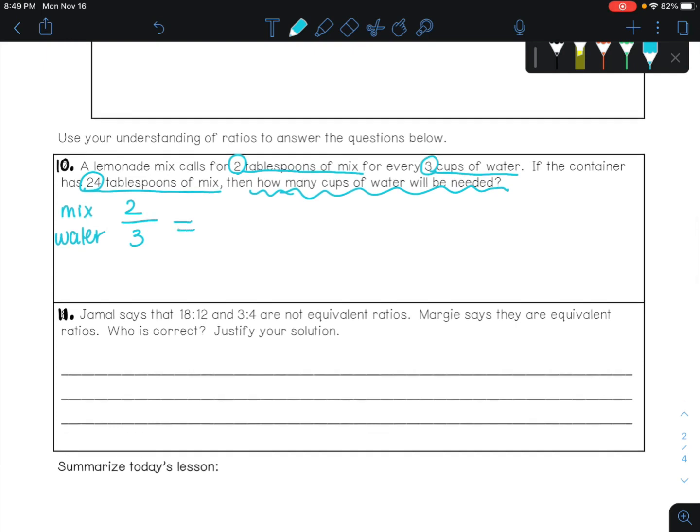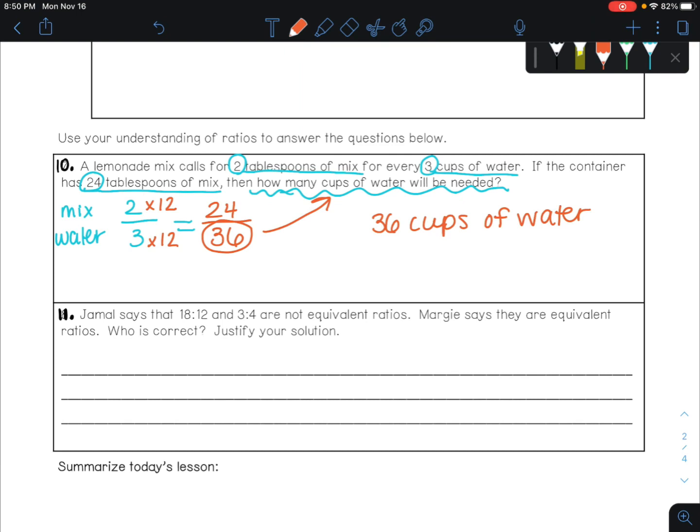We need it to turn into 24 tablespoons. And to get that, we just have to multiply the first fraction, the ratio, by 12. 2 times 12 gave me 24. We have to keep it equal, so do the same thing on the bottom, and you'll get 36. So to answer the question, 36 cups of water. So you literally just copy the label for the bottom of the ratio.